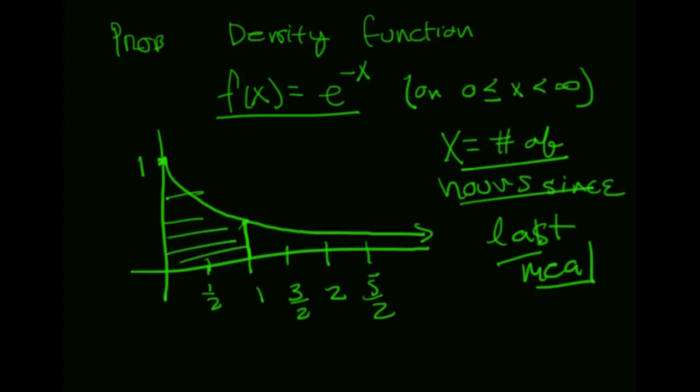So what does this mean? The way a probability density function works is that I want the probability that x is between 0 and 1, right? What's the probability that they have eaten within the last hour?